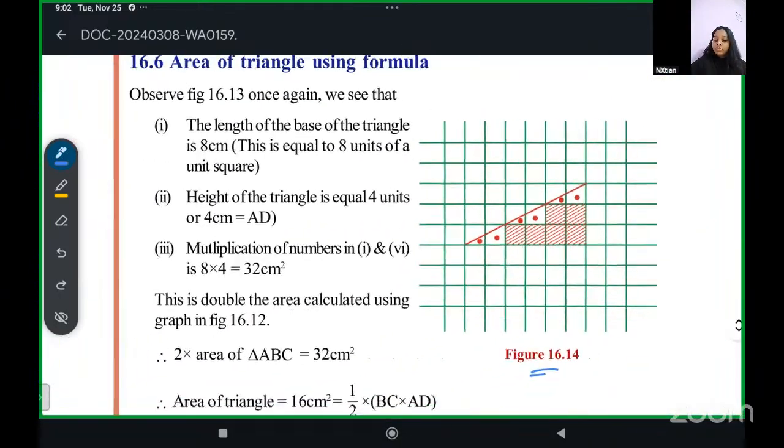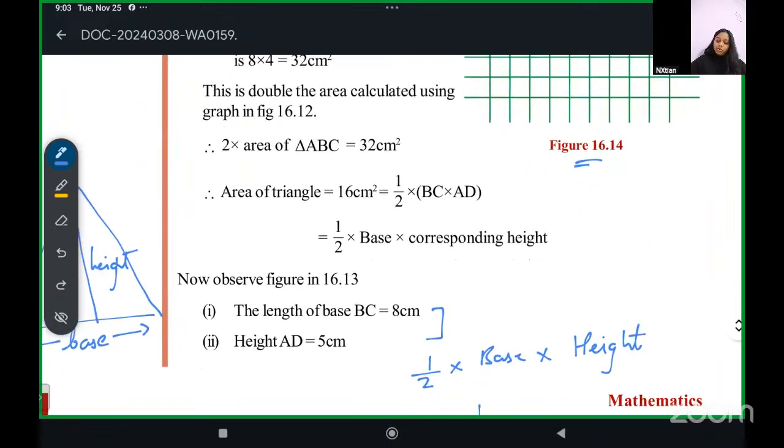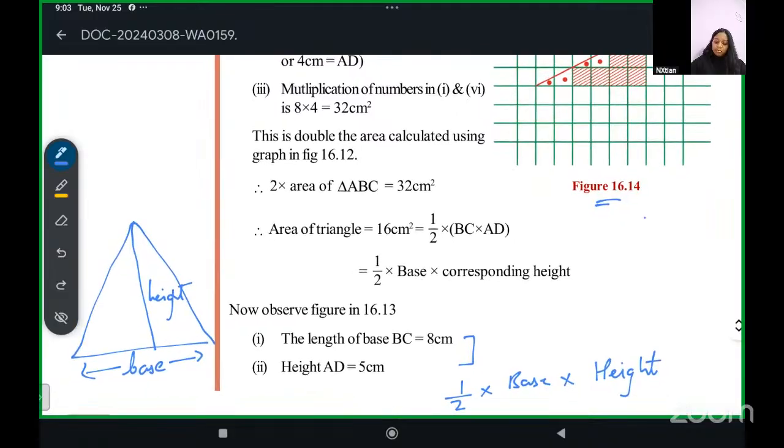I get it now. So in this triangle, the length of the base is 8 centimeter. Height is 4 units. We will multiply 8 into 4, 32 centimeter, and divide it by 2. So we are getting here 16 centimeter.